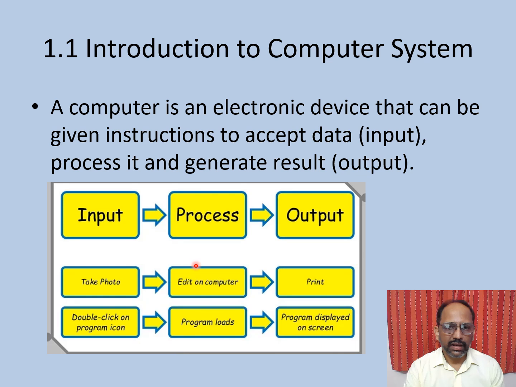You require suitable software to process that data and it gives us the result. So one thing is very clear. A computer is an electronic device. It requires instructions to do every type of activity that happens inside the computer. Without the instructions, your computer cannot work on its own. It is not a thinking machine.